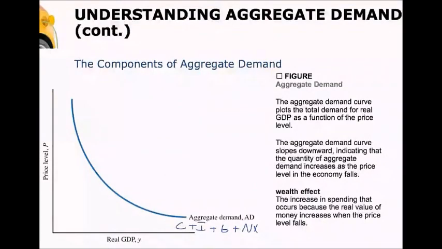So I can buy less goods and services. The consumption is going to fall. So as the price level goes up, the wealth effect decreases the quantity of aggregate demand. So we have a downward sloping aggregate demand curve. Just like any other demand curve, it's downward sloping. So we can think of it as the law of demand for aggregate goods and services.